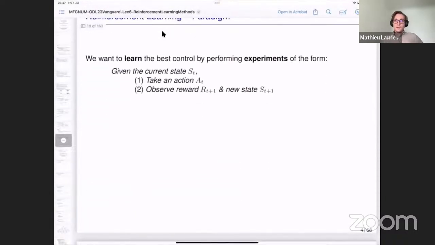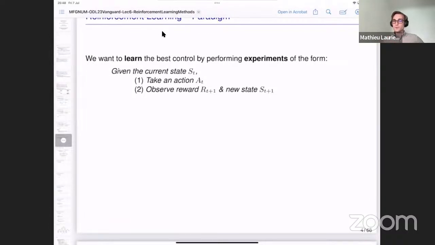So the idea is the following. You are one agent, or you implement an agent trying to learn the optimal policy by doing experiments of the following form. So the agent chooses an action, observes the state, S_t, which could be his own state or the state of the system, takes an action, gives this to the environment, some kind of simulator, let's say, or a black box, and the simulator returns the new state and the reward obtained by taking this action in this state.